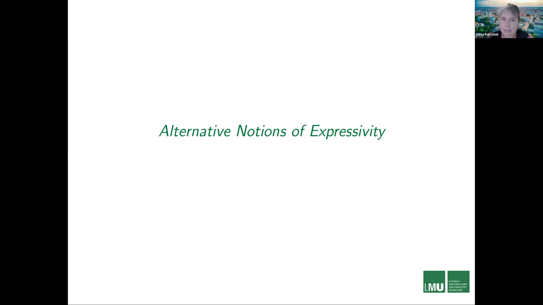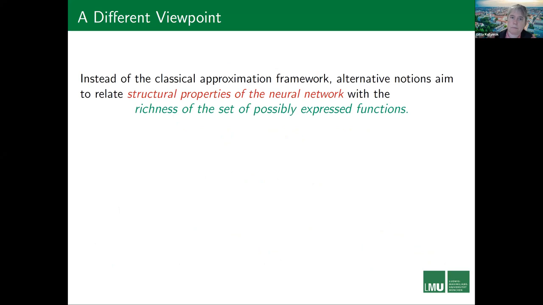But in the last few minutes, I would like to mention a different notion of expressivity, which I find interesting, and which does not directly come from this approximation theoretic viewpoint. Here one aims to relate structural properties of the neural network not to the approximation accuracy, but to the richness of the set of possibly expressed functions. So the question is, what do you mean by richness?